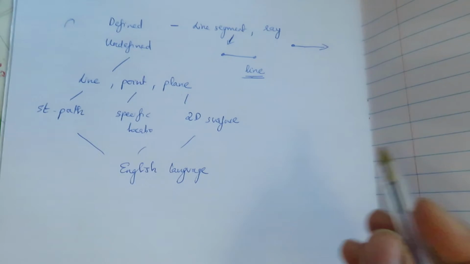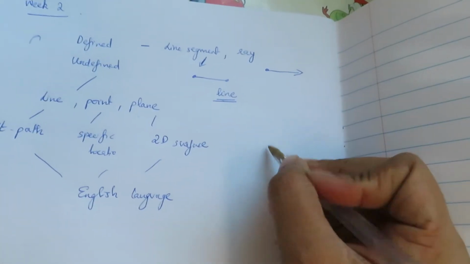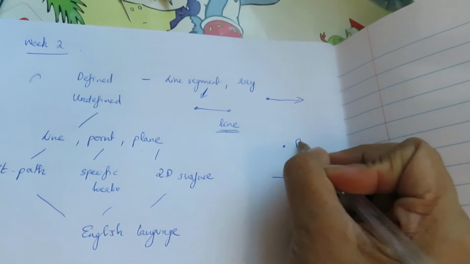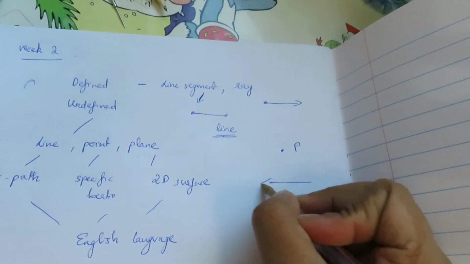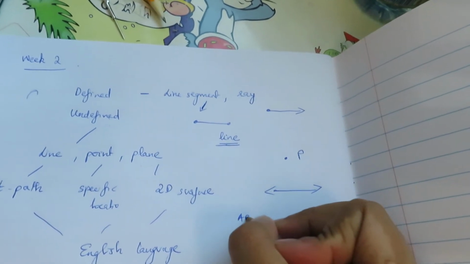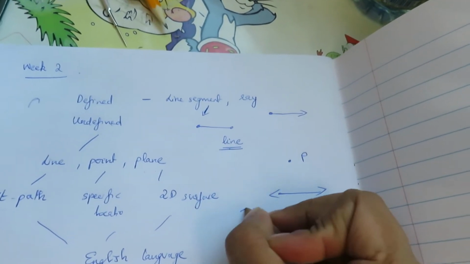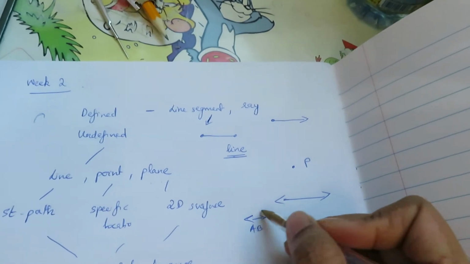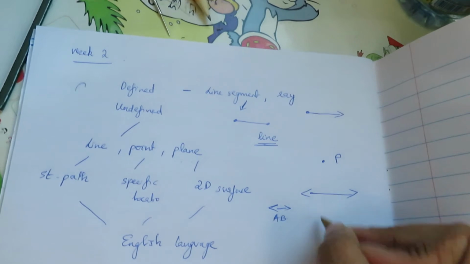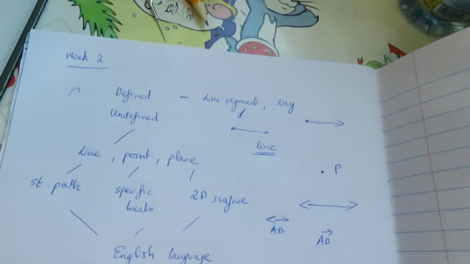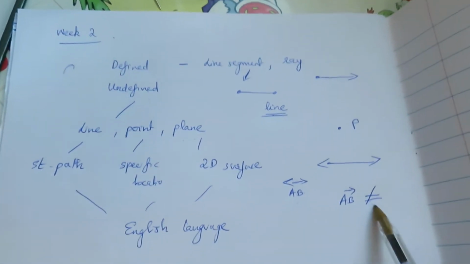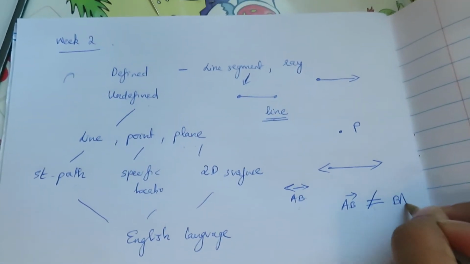So we learned this. Then we also learned in class how to name a point. We name a point with a capital letter. We name a line with an arrow on either end. You know how to write them. I'm not going into those details. You might have listened to them in the class. This is how you notate ray AB, and ray AB is not equal to ray BA.